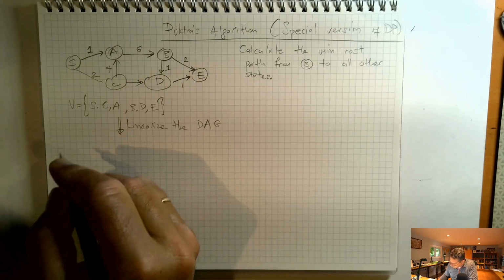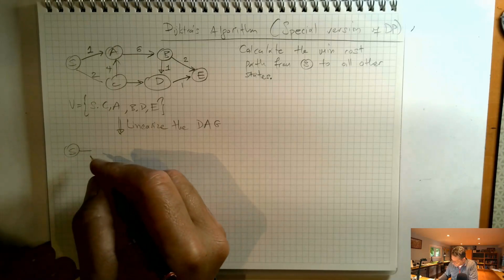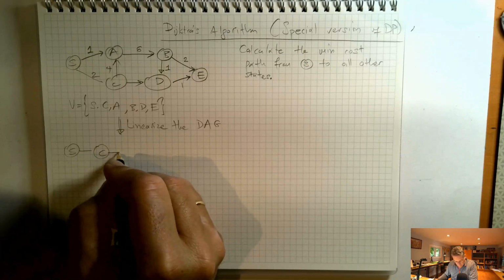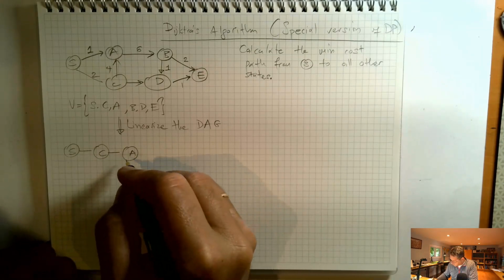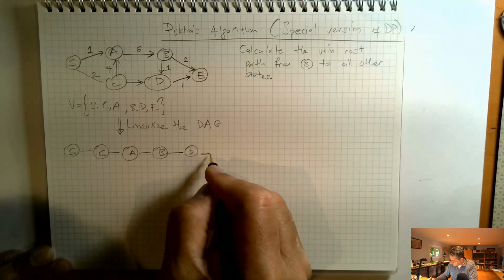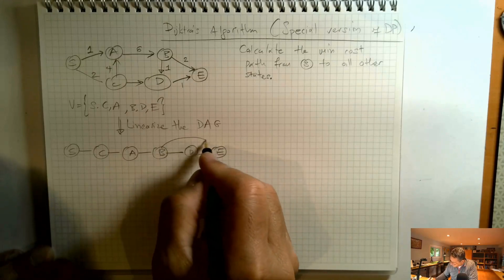So the graph is like this: S, C, A, B, D, E, and from B to E we have one more edge.